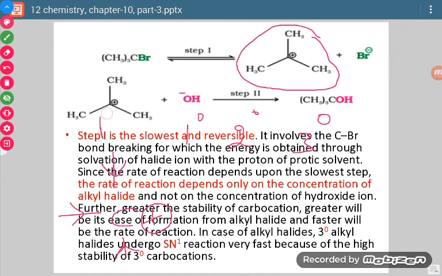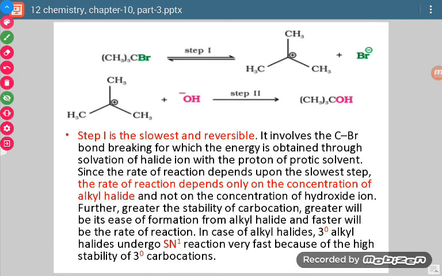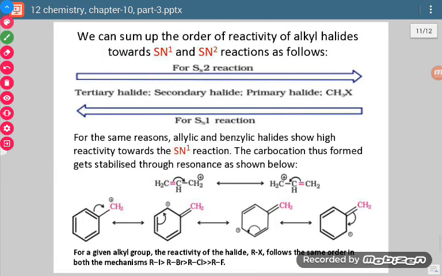In case of tertiary, there are three alkyl groups attached. So because of the maximum number of alkyl groups, the carbocation formed in case of tertiary will be the most stable, but the carbocation formed in case of primary will be the least stable. So it means step 1 will occur with ease in case of tertiary. So the order of reactivity will be tertiary is greater than secondary is greater than primary. So this will be the order of reactivity for SN1 mechanism.